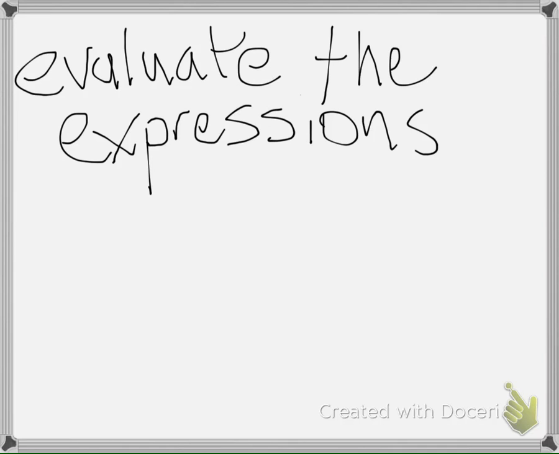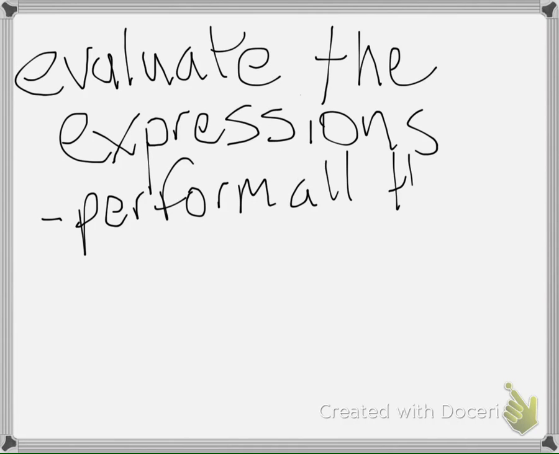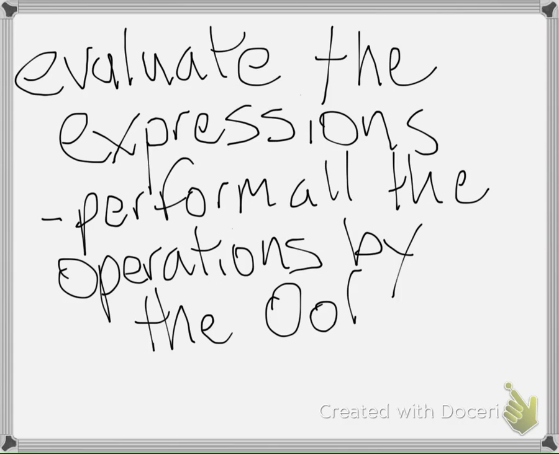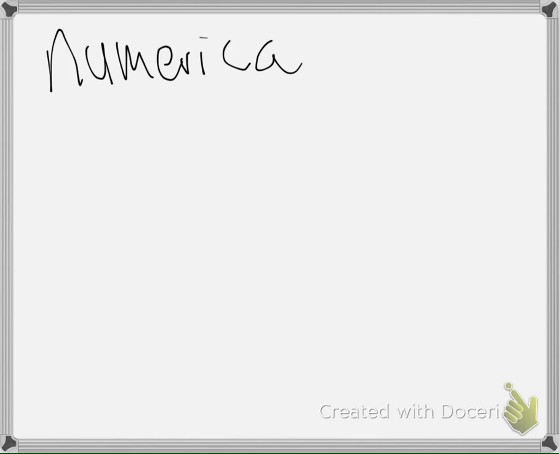When you evaluate an expression, perform all the operations by the O of O, the order of operations. Okay? There are two different kinds of expressions. One is numerical, which means it just has numbers in it.